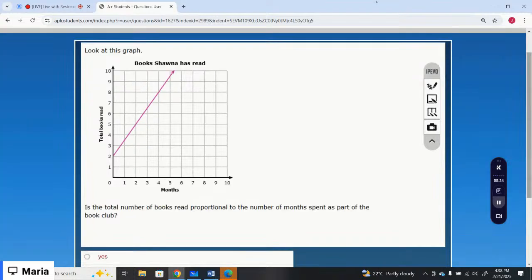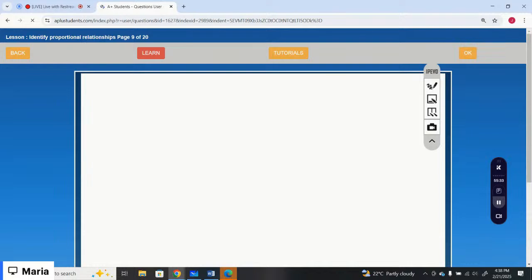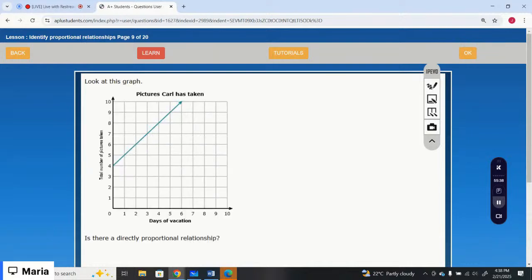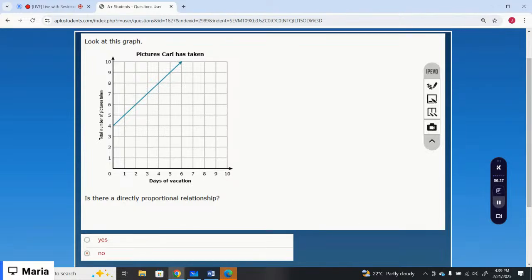The correct option is no, that is not a proportional relationship. No, this is not a directly proportional relationship.